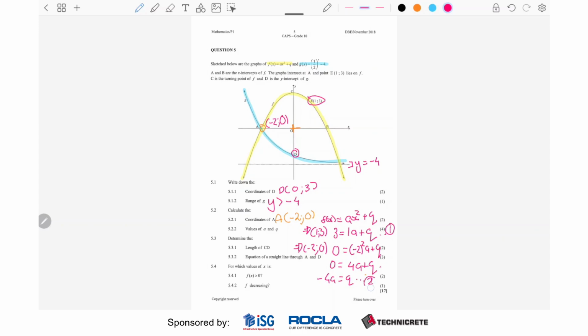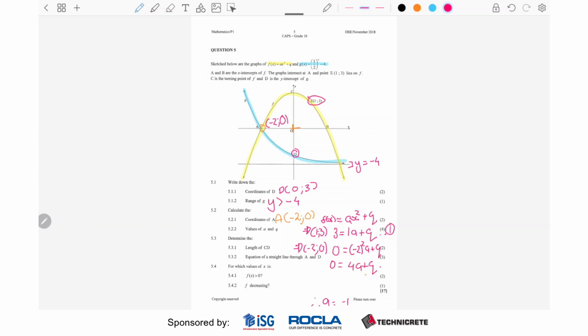That will be our second equation. So if we plug equation 2 into equation 1, that means 3 is equal to a minus 4a, which is equal to negative 3a, therefore a is equal to negative 1.